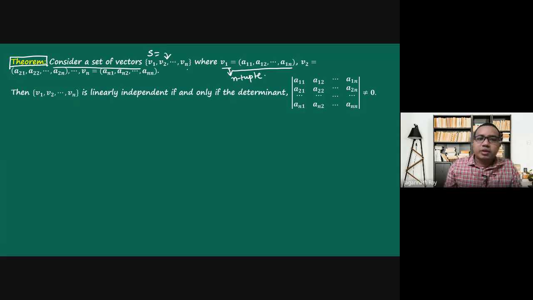V1, V2, and Vn are actually members of Rn, in the vector space.